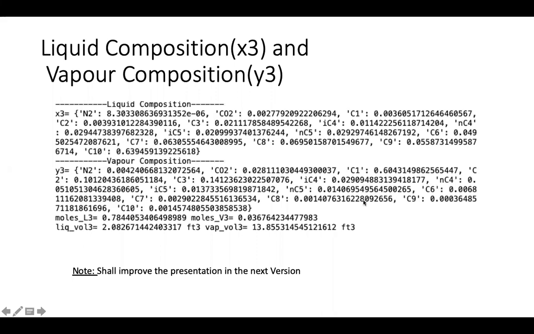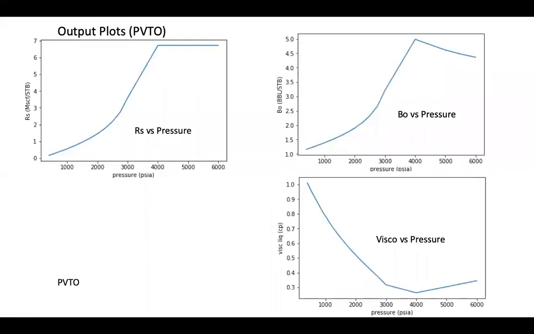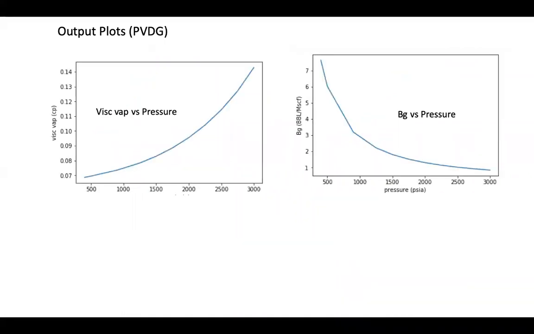Right, okay. And the output will also take this form, which is what you would like to look at: solution gas oil ratio, formation volume factor, and viscosity of oil versus pressure. And for PVDG, viscosity of vapor versus pressure and formation volume factor versus pressure.